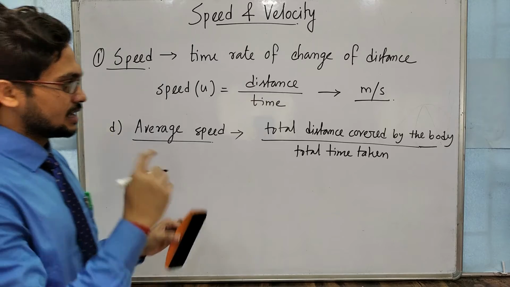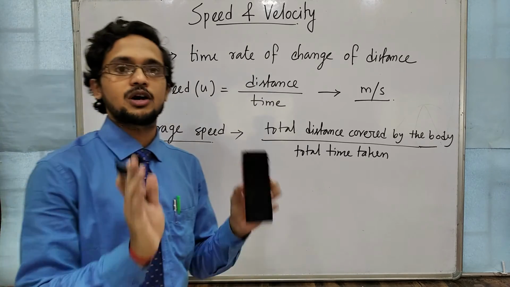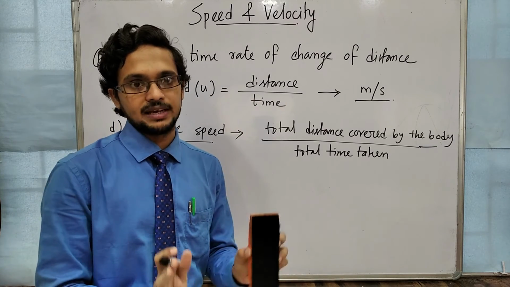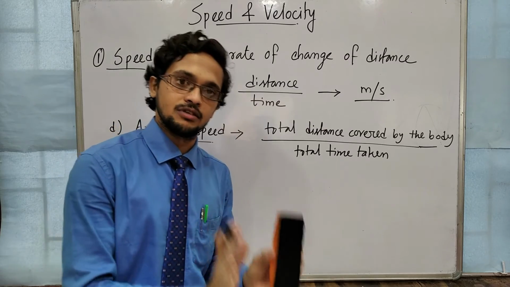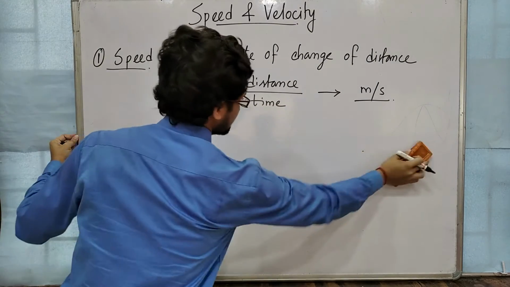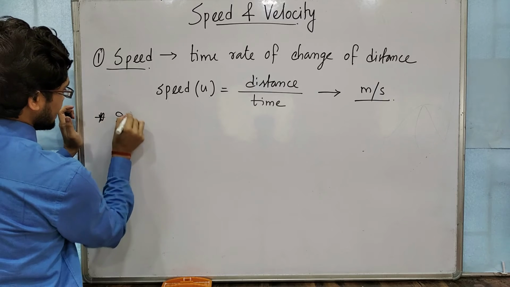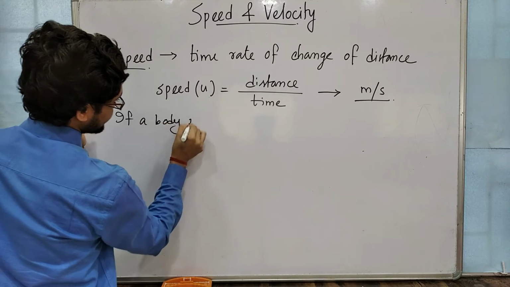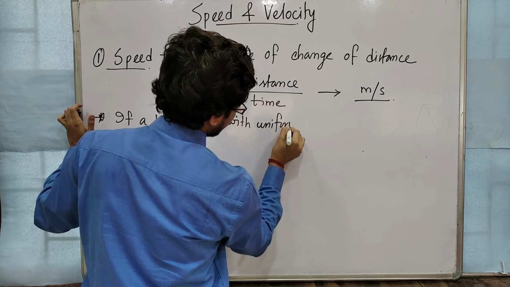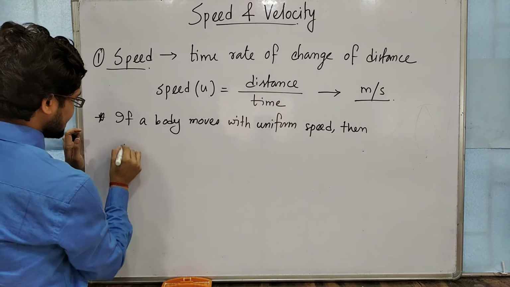Here, if a body moves with uniform speed, then its instantaneous speed is equal to the average speed, and both of them are equal to the uniform speed. I am writing it here.